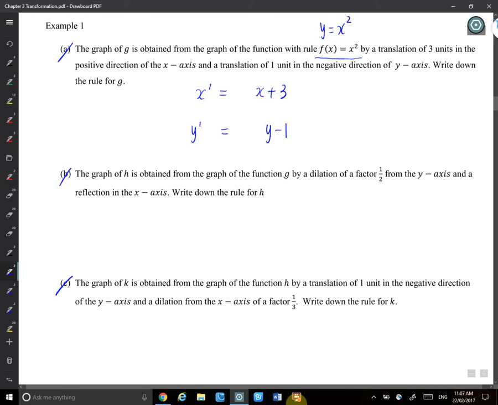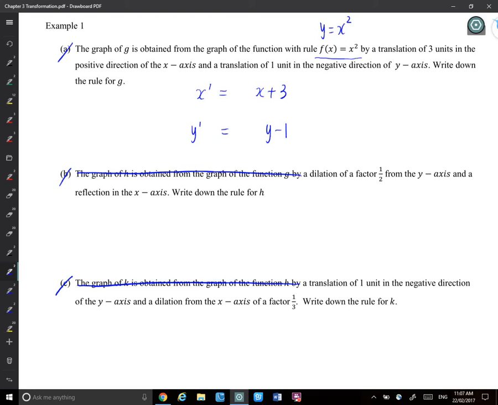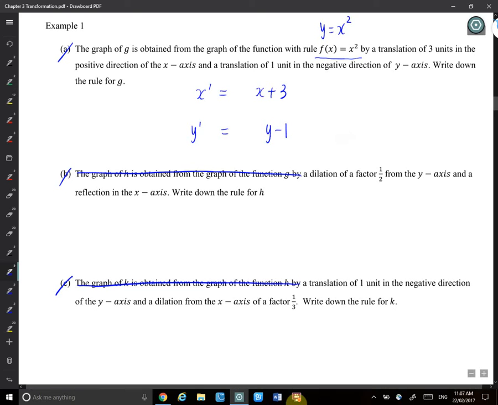The next thing is a dilation by a factor of a half from the y-axis, which is changing the x to a half. Because I already have the translation, I need to have a bracket and put a half in the front.